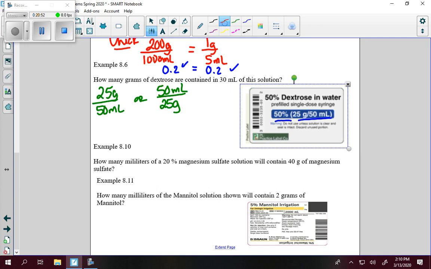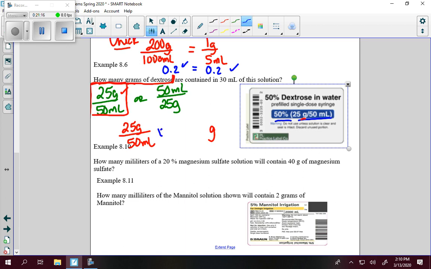Then my second step says to underline the problem. Oh, I knew it was grams because of this too. So I'm going to underline the problem until it says the drug, which happens to be the sugar. And it does not say solution here, so I know that I'm looking for grams for my answer. So I'm going to start with grams on top of my strength fraction.